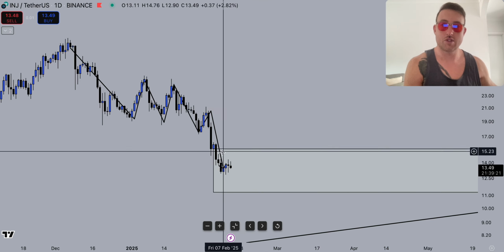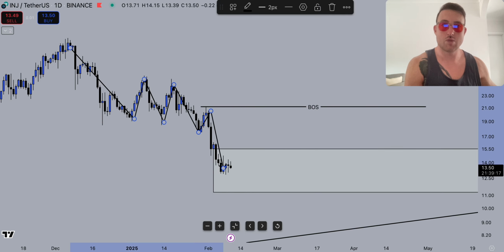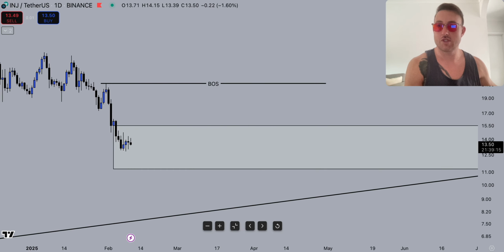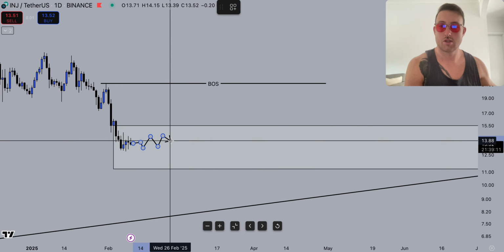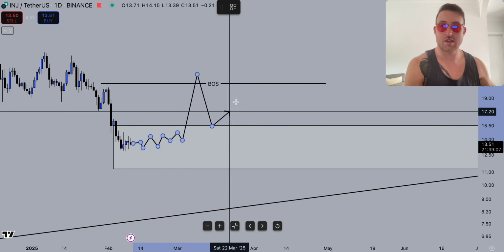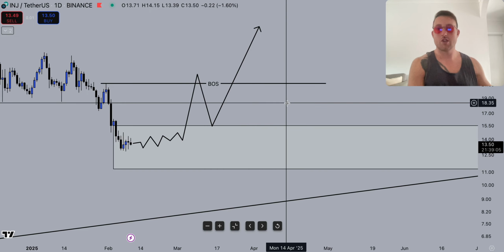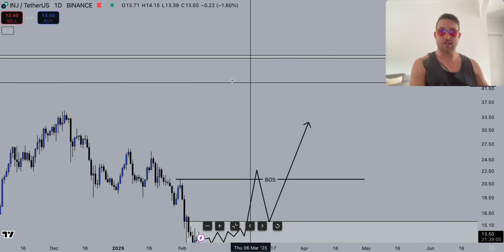What we want to see is a break above there, come back, go up. Then we can start putting in our higher highs and higher lows and try to get up to our session high.